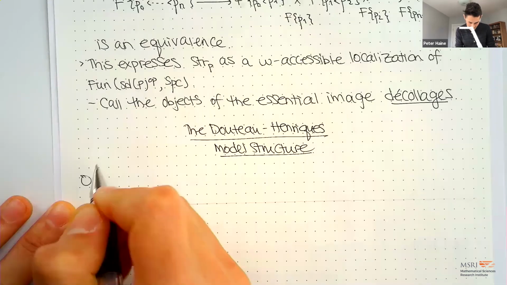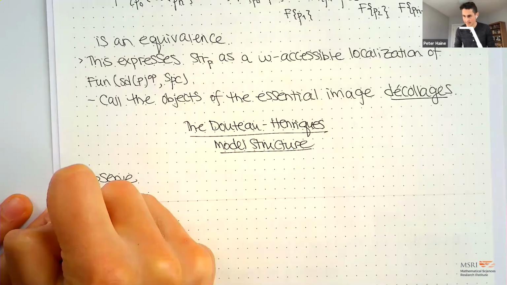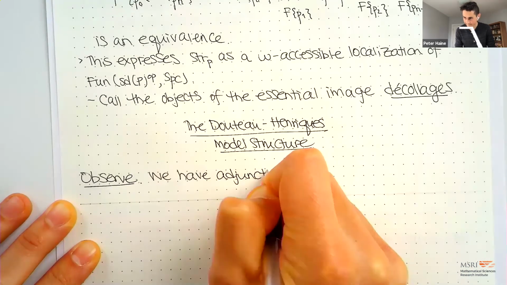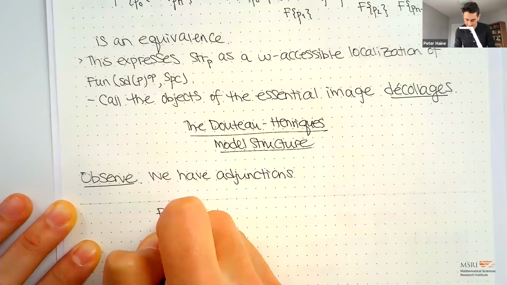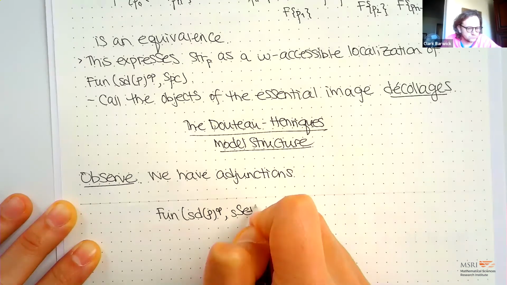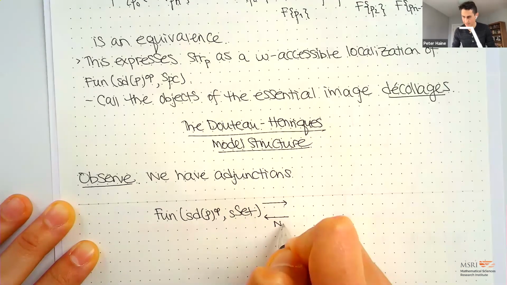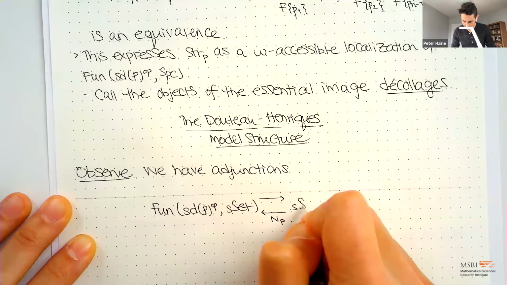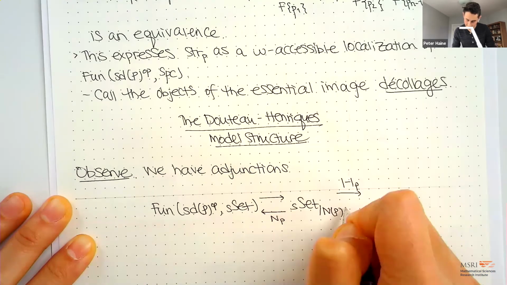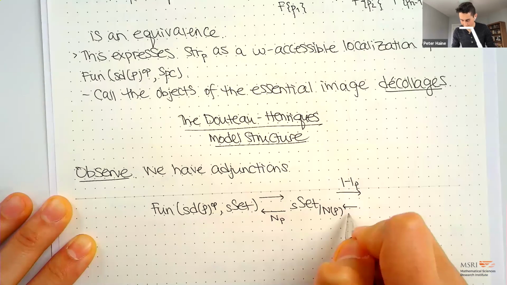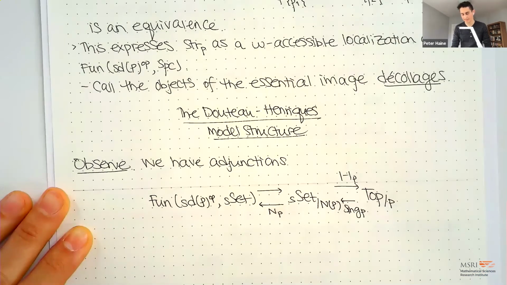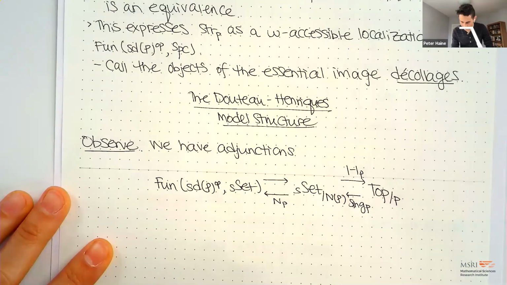The observation is that we have adjunctions between simplicial presheaves on the subdivision of a poset, simplicial sets over the poset P, and topological spaces over P. This is defined basically in exactly the same way as the N_P before.